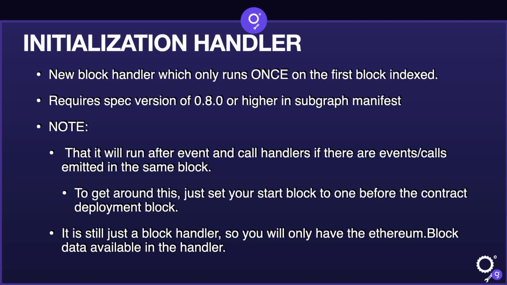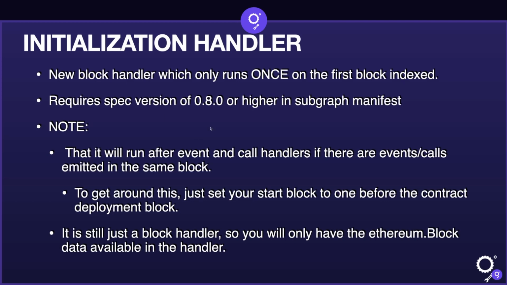You can obviously set an initialization handler on each data source. The way that I've done it in my example is that I just set it on the one data source, the earliest data source. So if you want to do it for each data source, you can. Just note as well that it is just a block handler, and you will only be getting the ethereum.Block data type available in that handler.